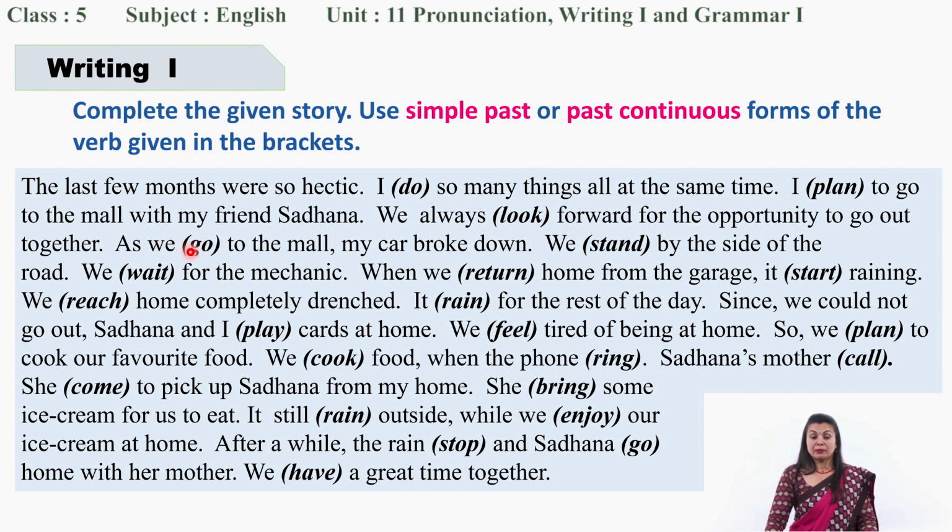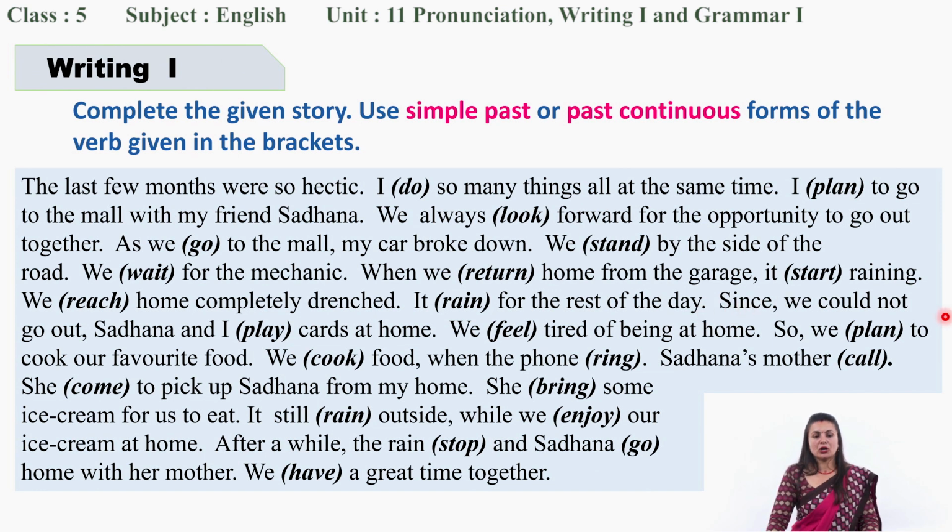As we, in bracket, go to the mall, my car broke down. We, in bracket, stand by the side of the road. We, in bracket, wait for the mechanic. When we, in bracket, return home from the garage, it, in bracket, start raining. We, in bracket, reach home completely drenched. It, in bracket, rained for the rest of the day.